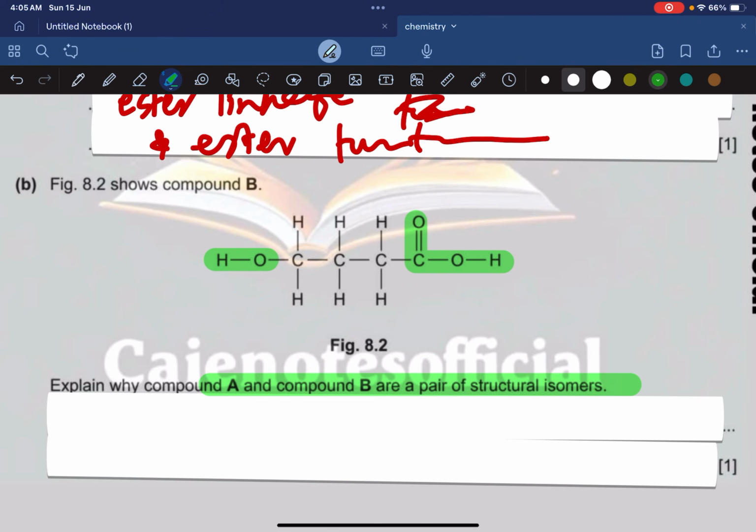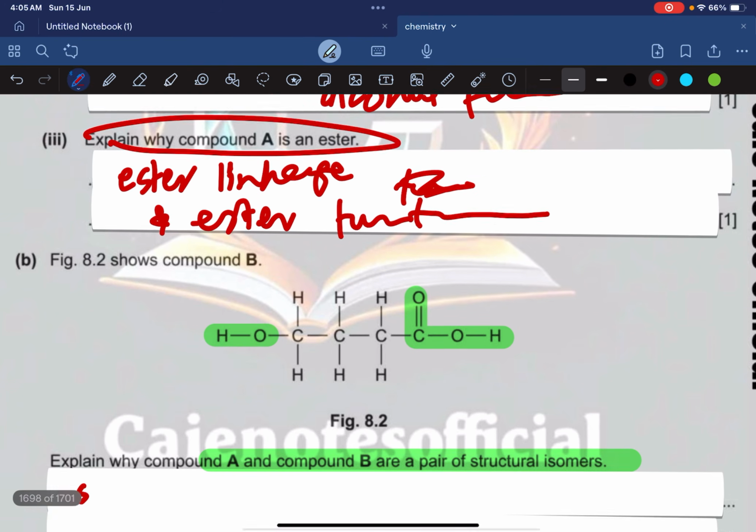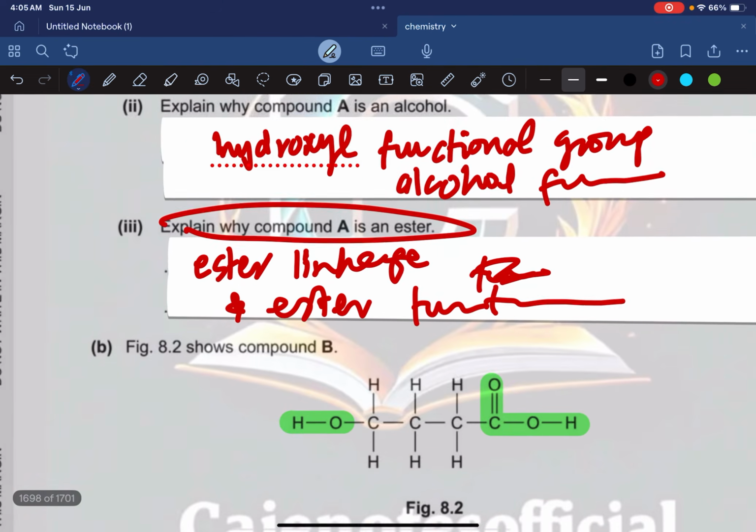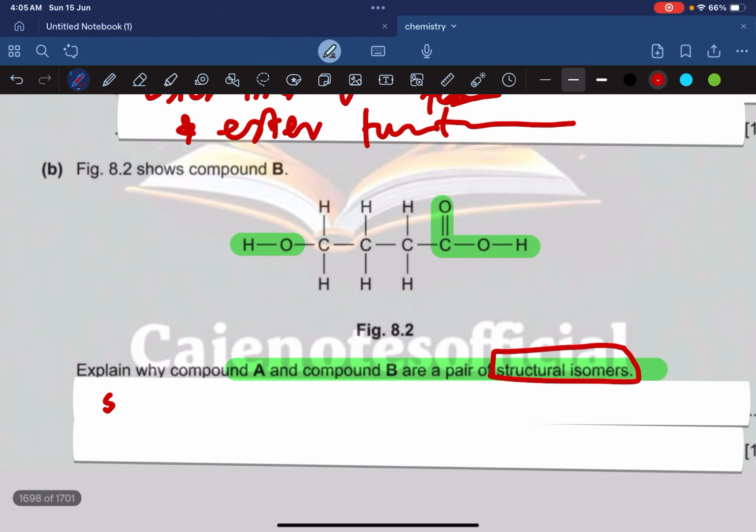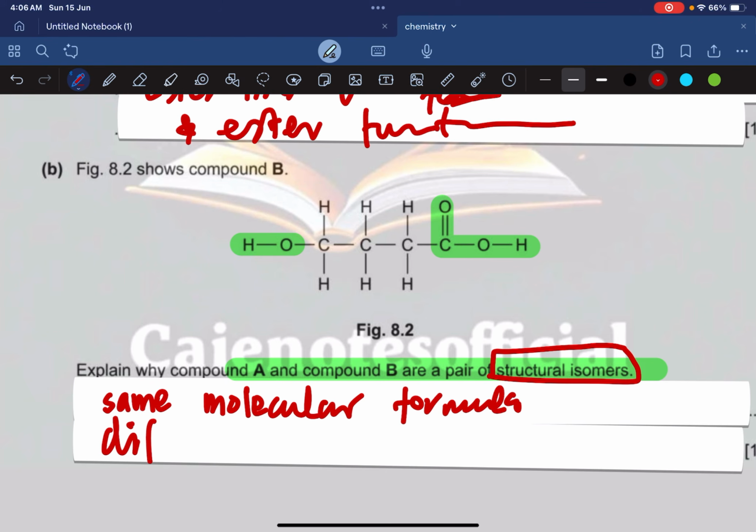What are structural isomers? I didn't even look at their molecular formula or any kind of formula, I just heard that they're structural isomers, and I knew why. Structural isomers mean that you have the same molecular formula but a different structural formula.